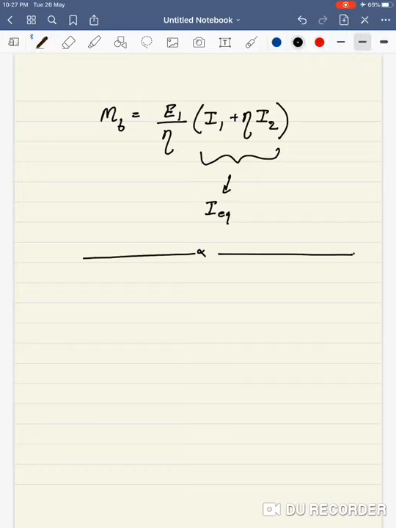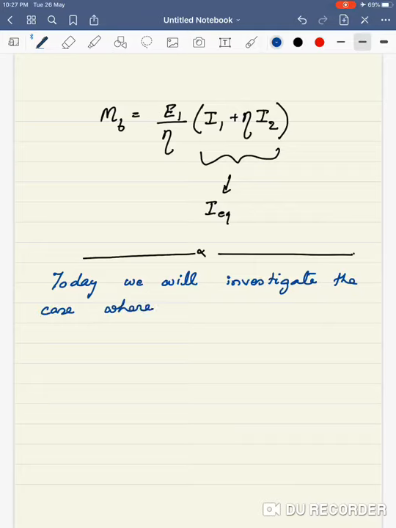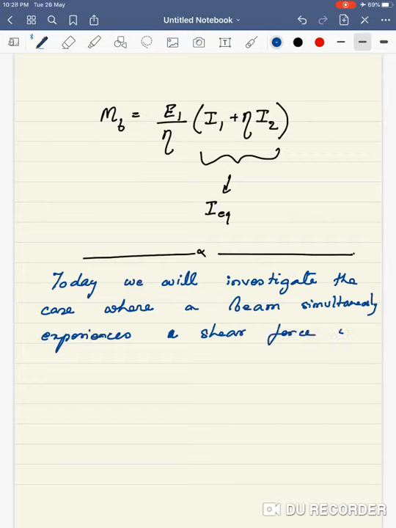So today we will investigate the case where a beam simultaneously experiences a shear force and bending moment.